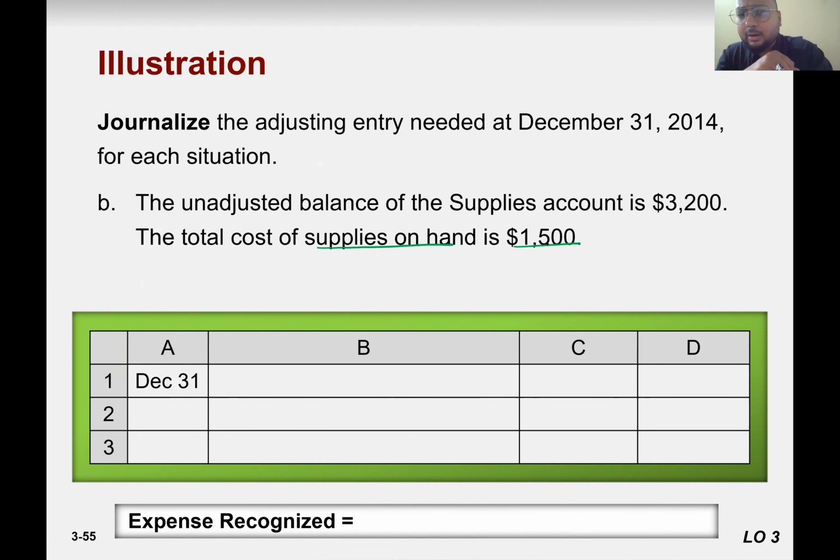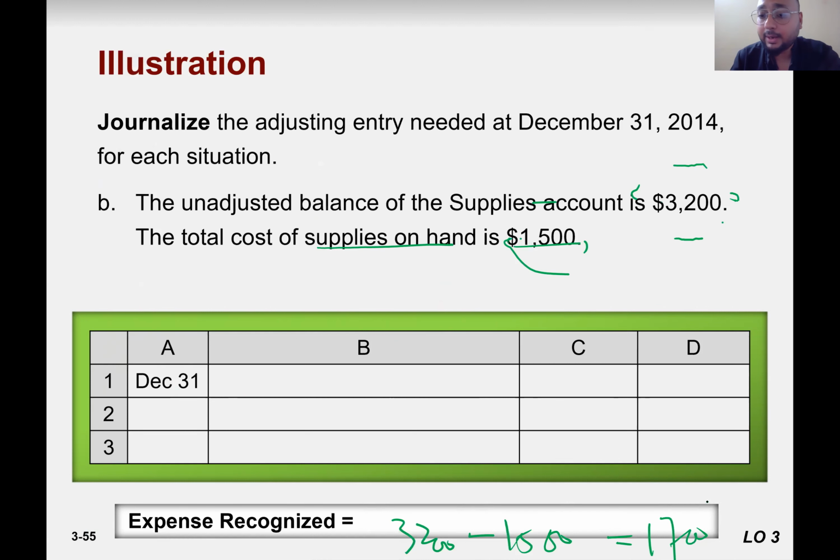It means at the start of the year, we have the balance 3,200, and at the end of the year, we have the balance 1,500. It means how much supplies we have consumed. 3,200 minus 1,500. How much is the answer? 1,700. So what is the entry?